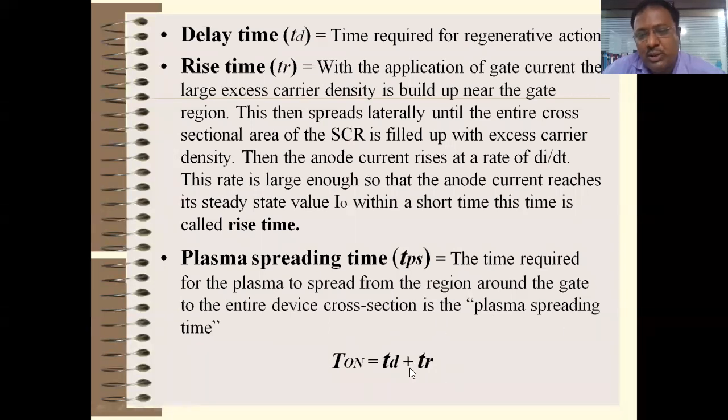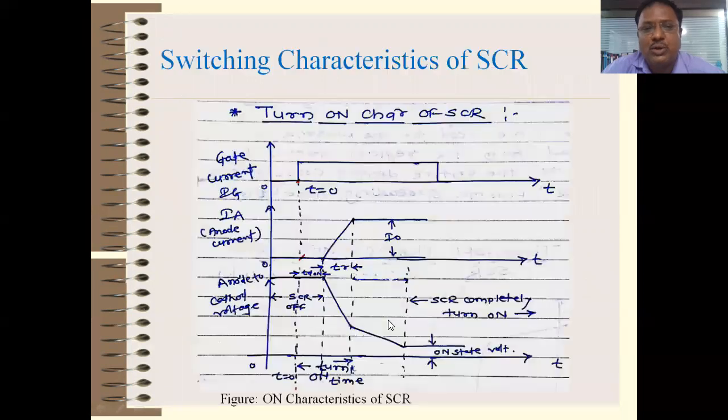T on equals TD plus TR plus TPS. That is not shown in most books. TD on is equal to only TD plus TR, but in a few books, T on also depends on TPS. So what is the TPS? This is called TPS, right? TD on plus TR, and then this is the TPS.